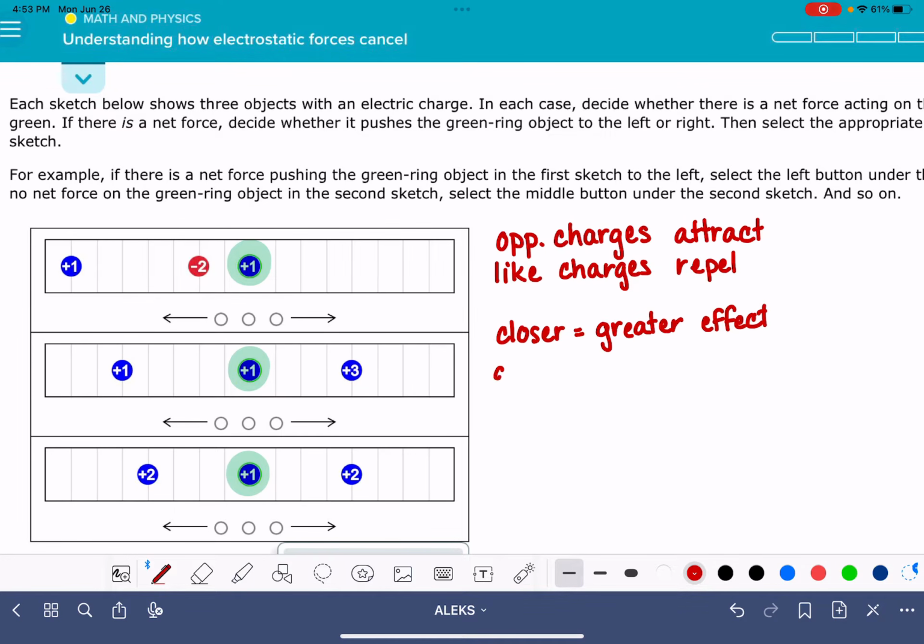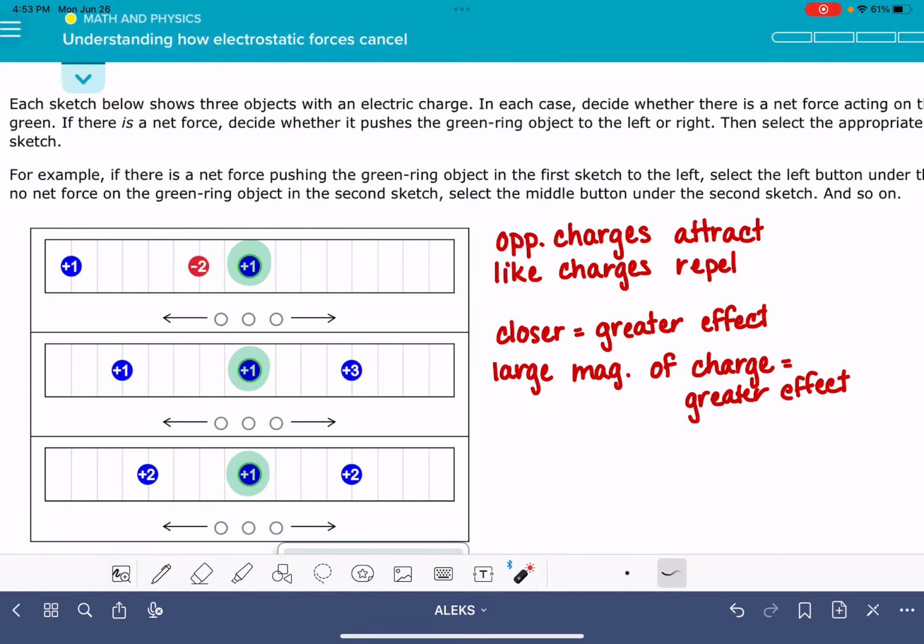And also, the greater the charge is, so if we have a large magnitude of charge, meaning that it is very negative or very positive, that is also going to have a greater effect than something with a smaller charge. So if we have two objects that are closer together, they're going to have a greater effect on each other than two objects that are far apart. If we have an object with a large magnitude of charge, it's going to have a greater effect on everything than a particle that has a smaller magnitude of charge.